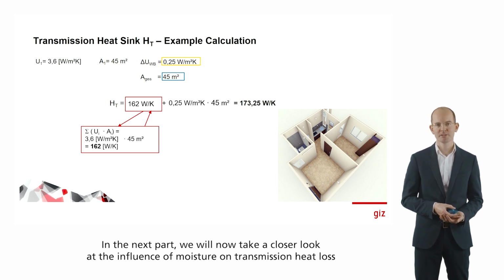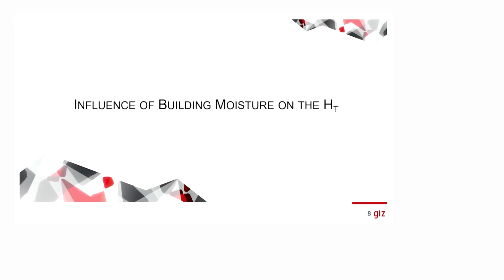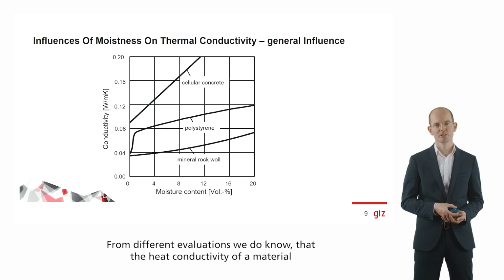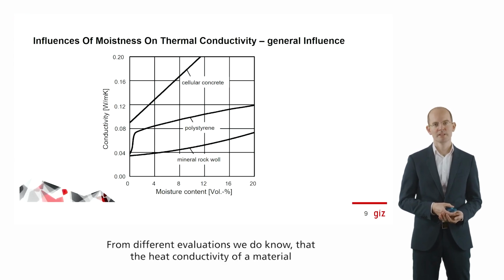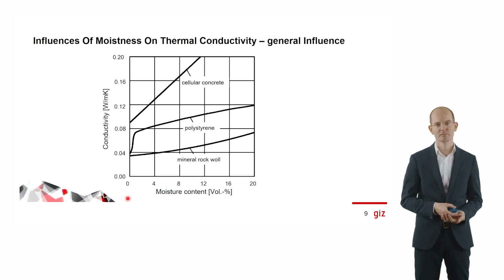In the next part, we will now take a closer look at the influence of moisture on transmission heat loss. From different evaluations, we do know that the heat conductivity of a material is dependent on the moisture content of the material.